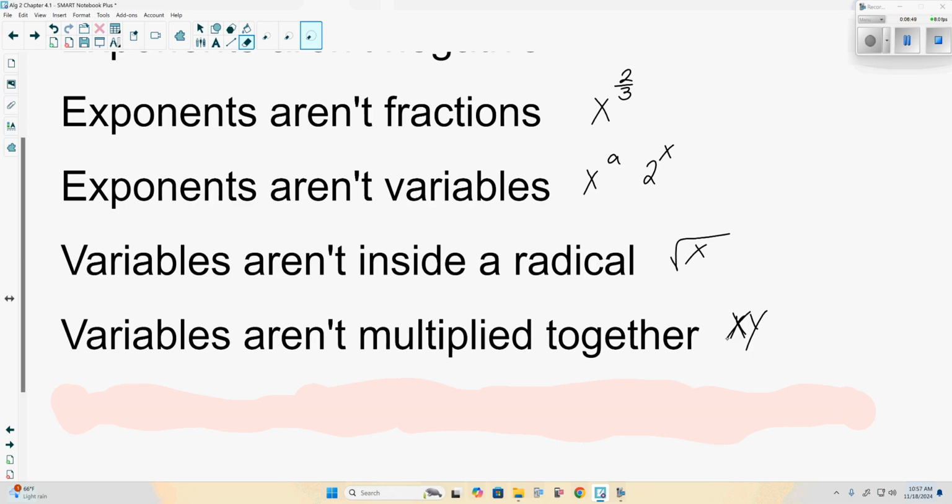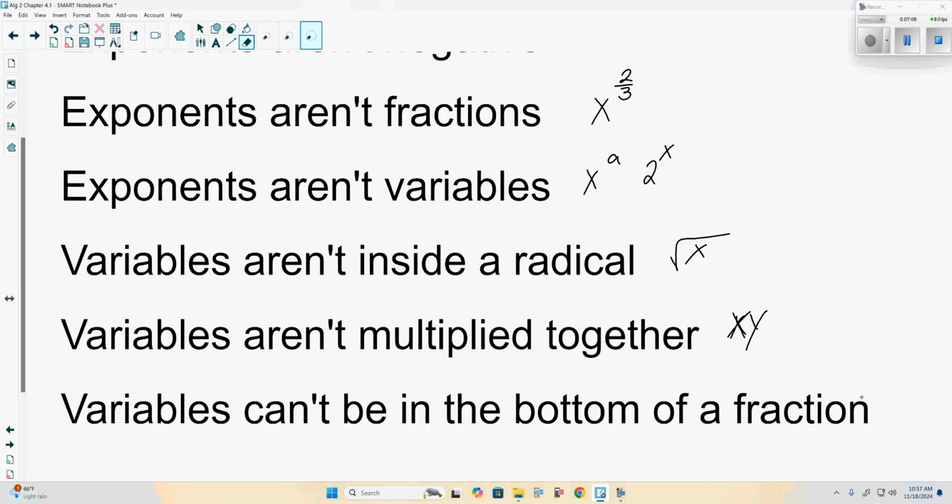They have to be different variables like this here. I mean, technically x squared is variables being multiplied together. We can't have different variables is the key thing. x times y does not work. And lastly, variables cannot be in the bottom of a fraction.